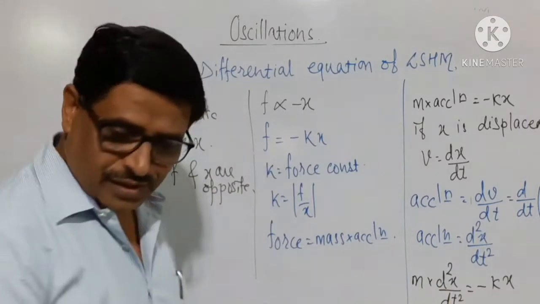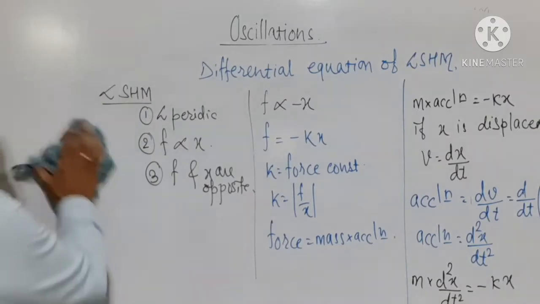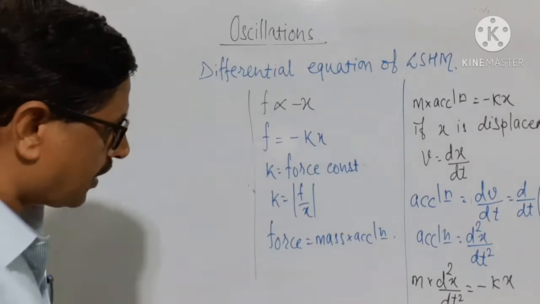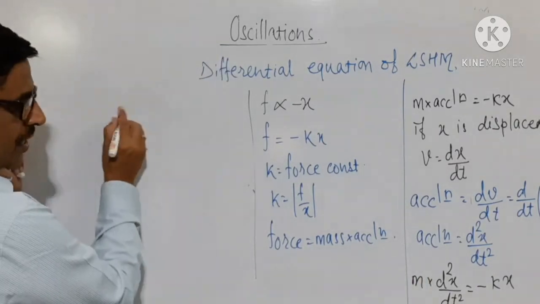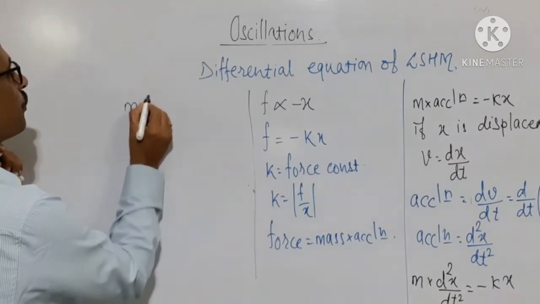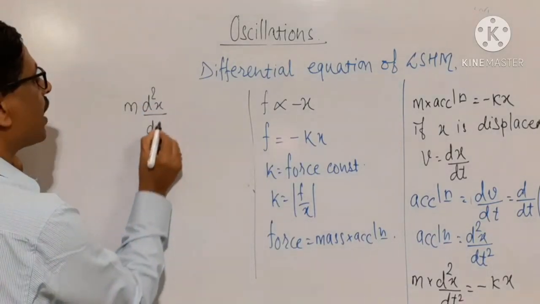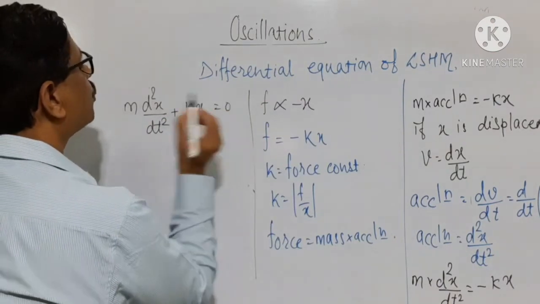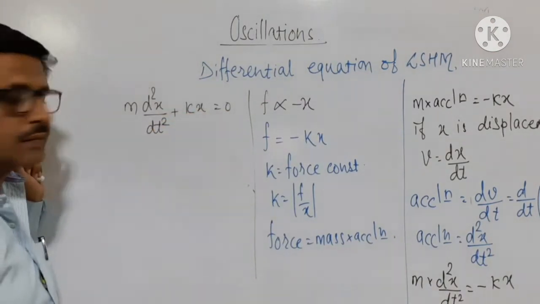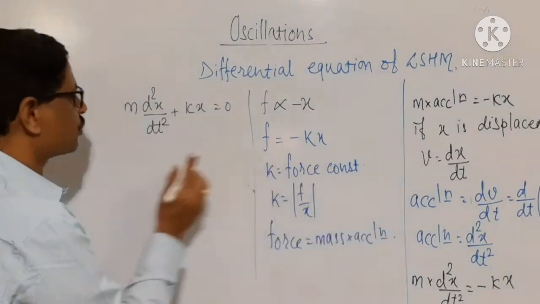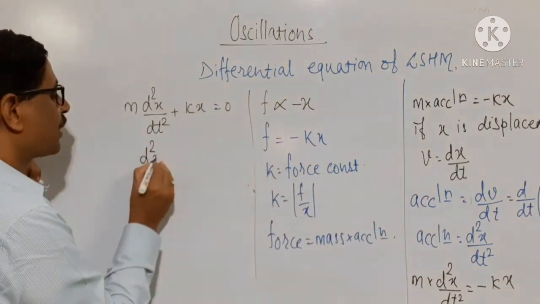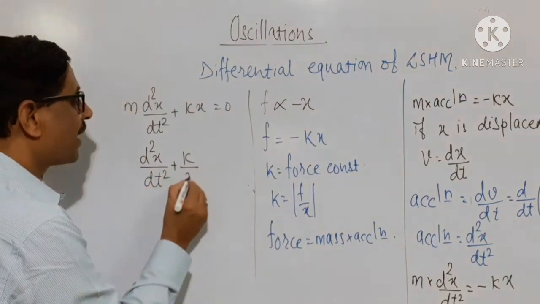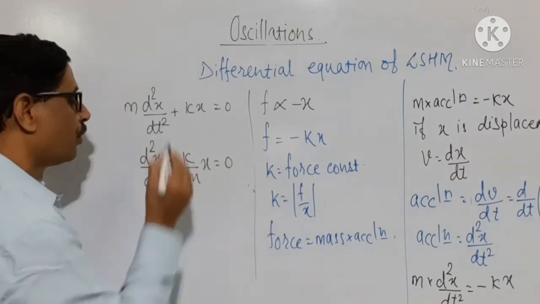Rearranging the terms, I will write this as m into d2x by dt square plus kx is equal to 0. By bringing minus kx to this side, you will get the equation d2x by dt square plus k divided by m into x equal to 0.